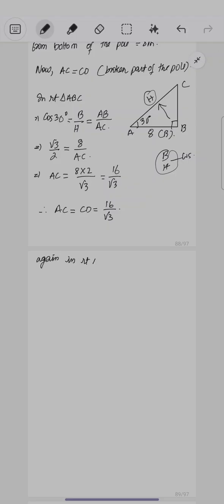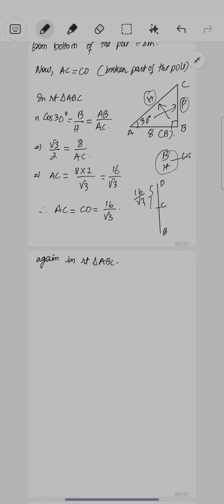Again, in right triangle ABC, tan 30 is perpendicular by base. CD we have found as 16 by root 3. Now we find BC, because we need the whole length.